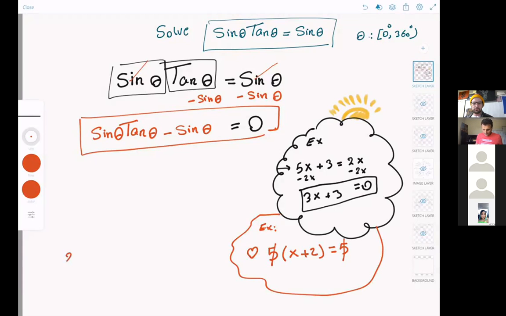But if we have 2x times parenthesis x plus 8, for example, equals x, should I cancel this x?